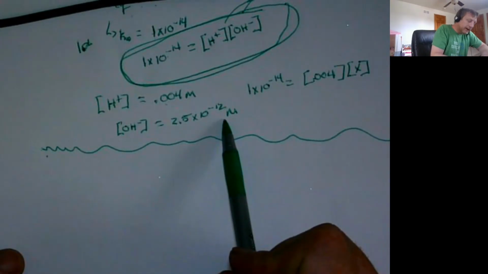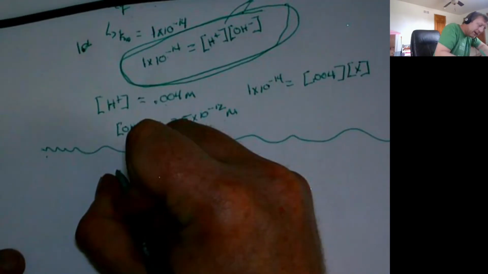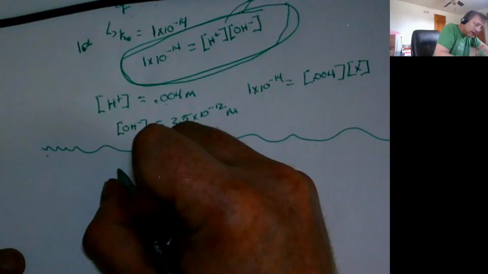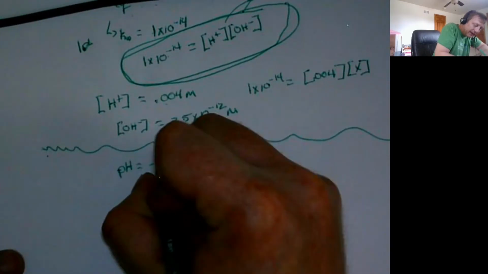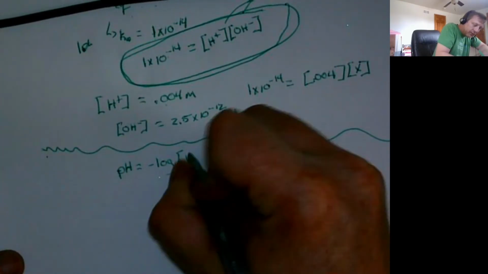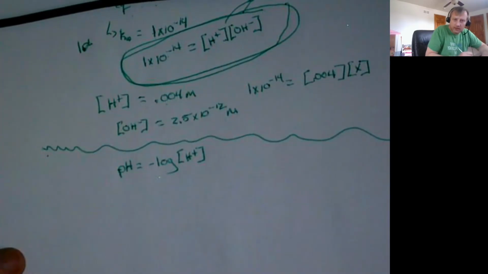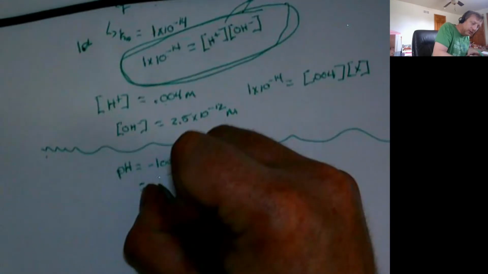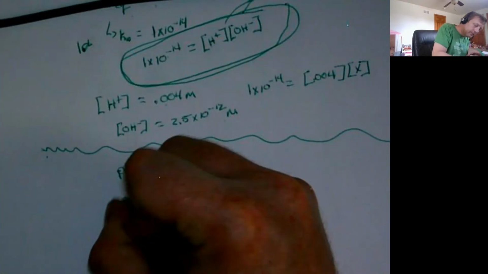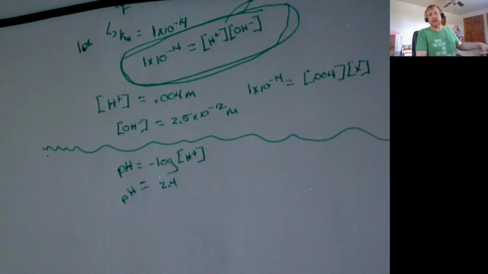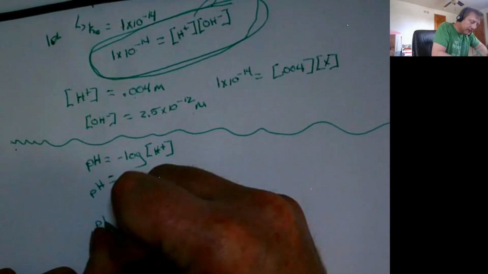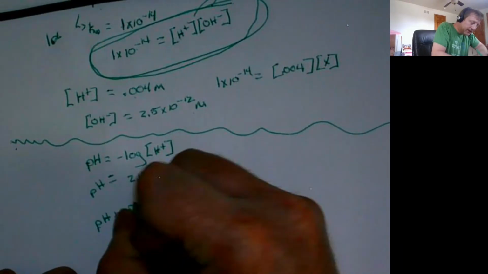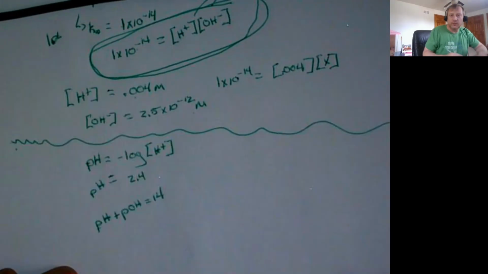First off, the definition of pH is the negative logarithm of the H plus concentration. In this case, it'd be the negative logarithm of 0.004, which would be 2.4. One of the other things we know is that pH plus pOH always have to add up to 14.